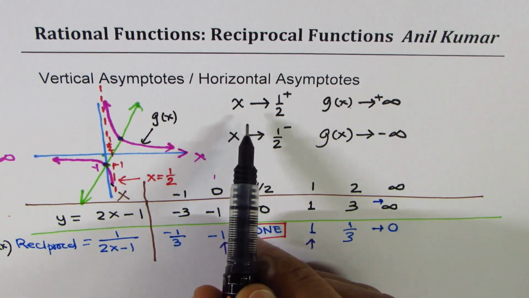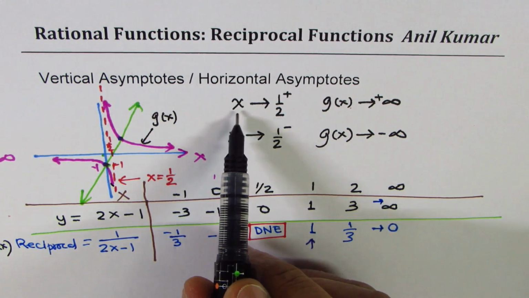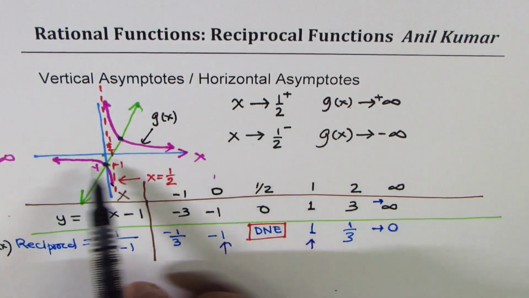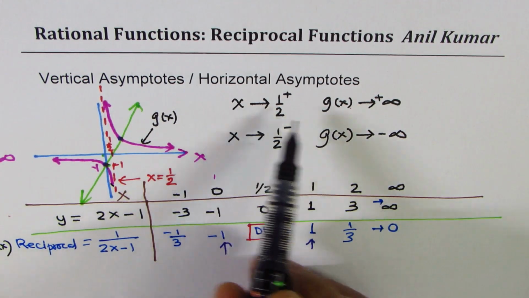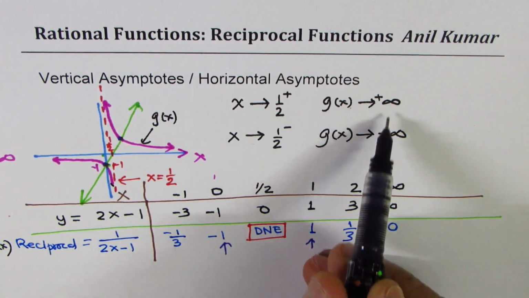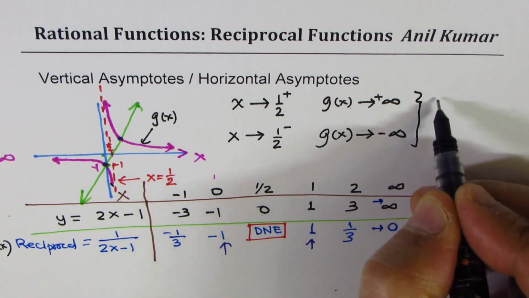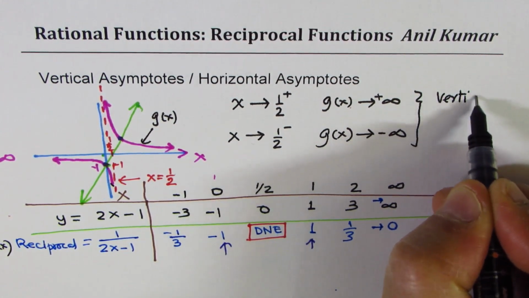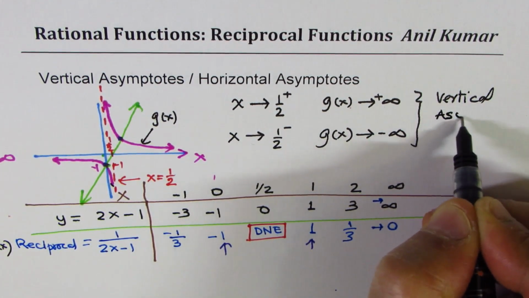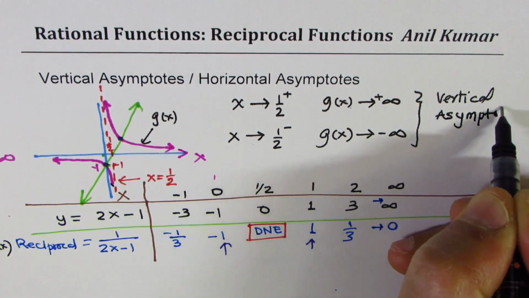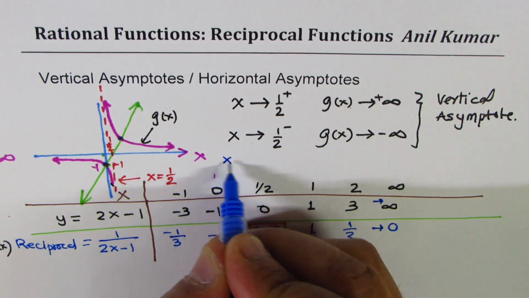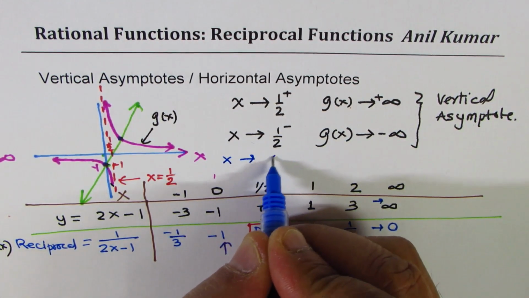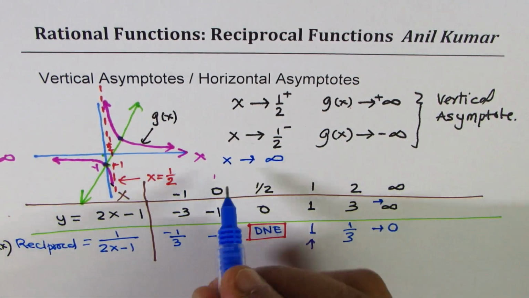Now, if you are approaching a value in between for x, and if the y value is approaching infinity, we call this as a vertical asymptote.